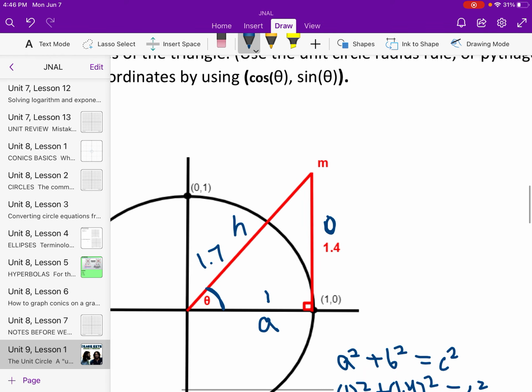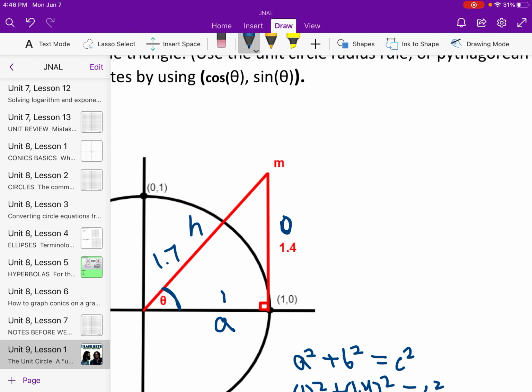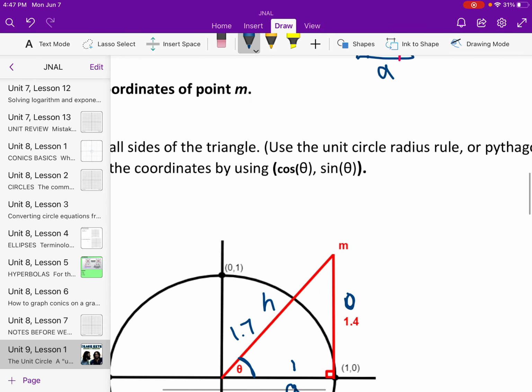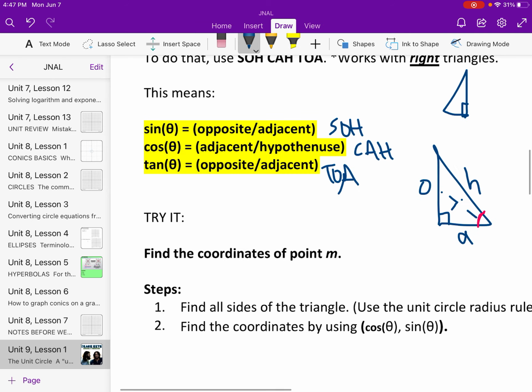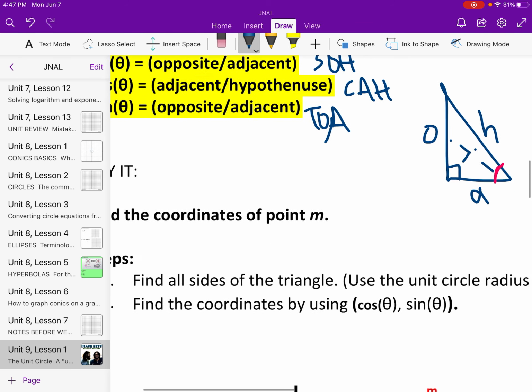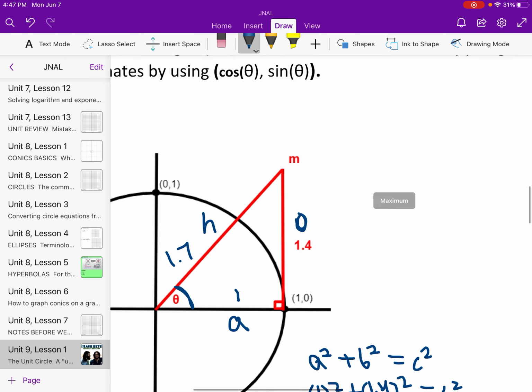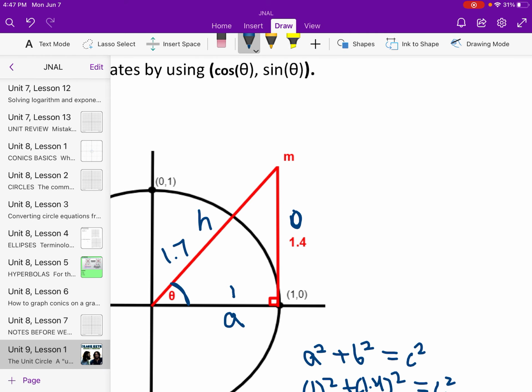Those are the coordinates. So the cosine of theta, we know from up here, equals adjacent over hypotenuse. So to find the x value, we need cosine, which is adjacent, 1, over hypotenuse, 1.7.